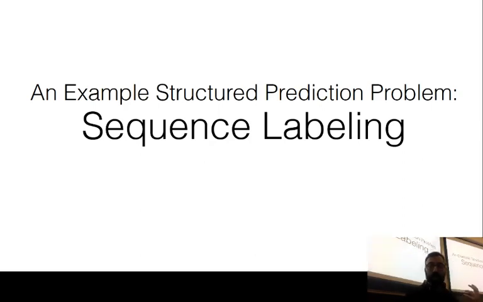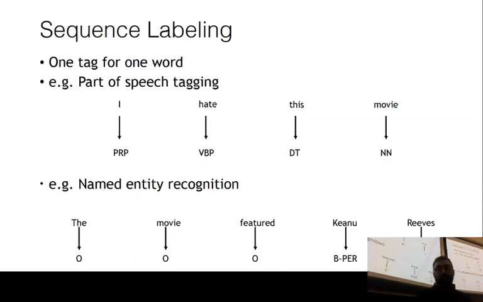So a classic example of structured prediction is sequence labeling. And what does that mean? Basically, it means that for every token in the sentence, we want to output a single tag. That could be a part of speech, like I is a personal pronoun, hate is a verb, this is a determiner, etc. Or we might have something even more sparse, like named entity recognition, where for every token we have a tag telling us if it is an entity or not.